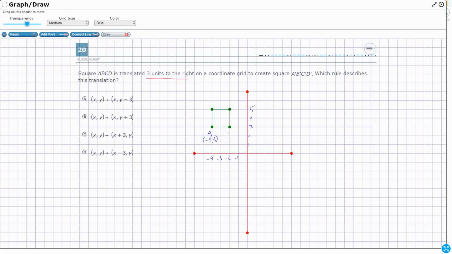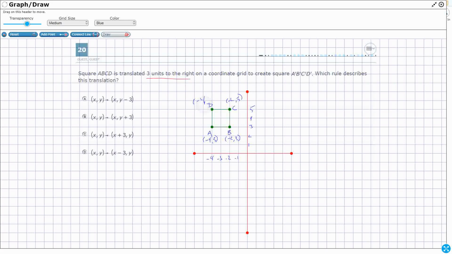And then we'll just go counterclockwise. That's going to be B, so that's -2, still 3. We'll make that C, top right corner. That's going to be -2, 5. And then D will be top left corner. That will be -4, 5.